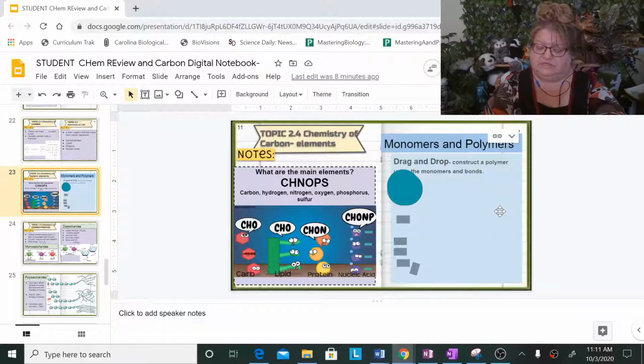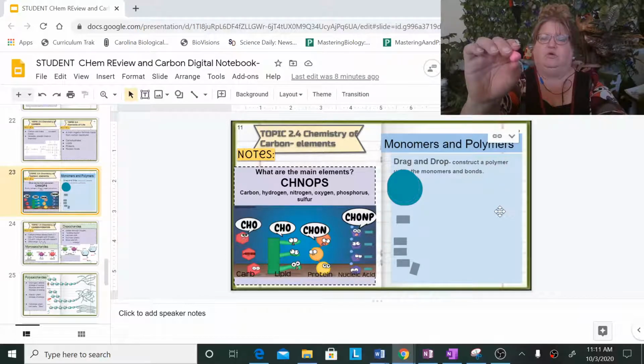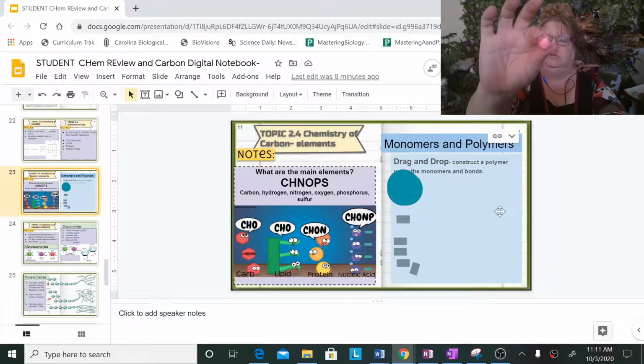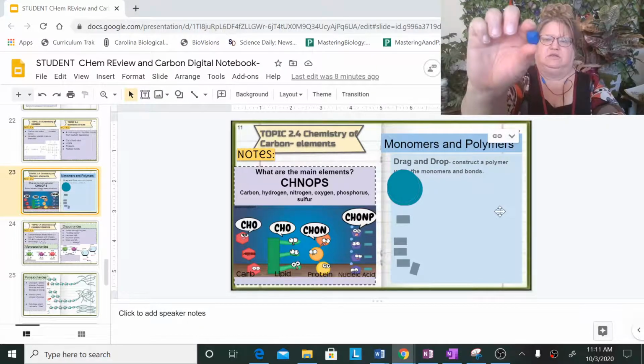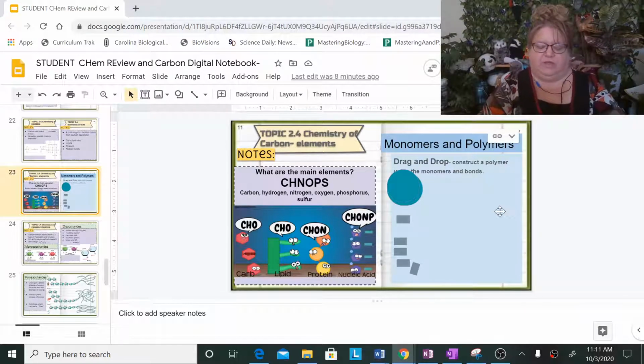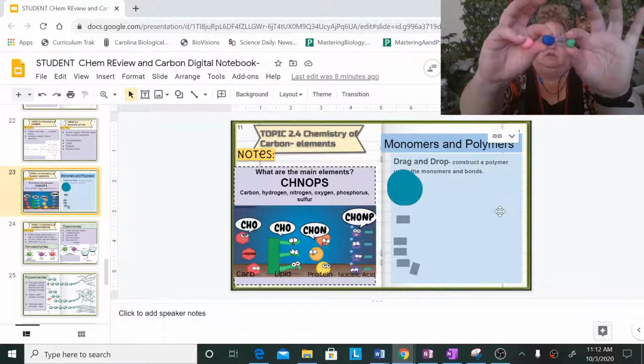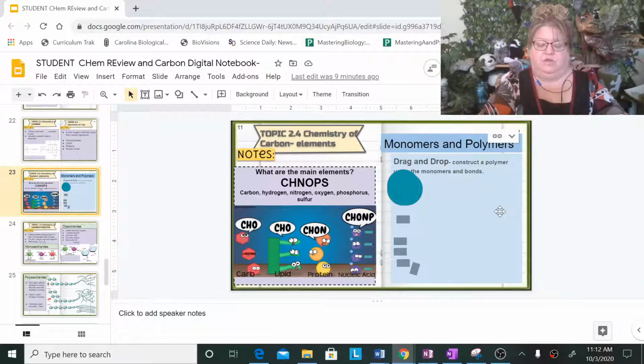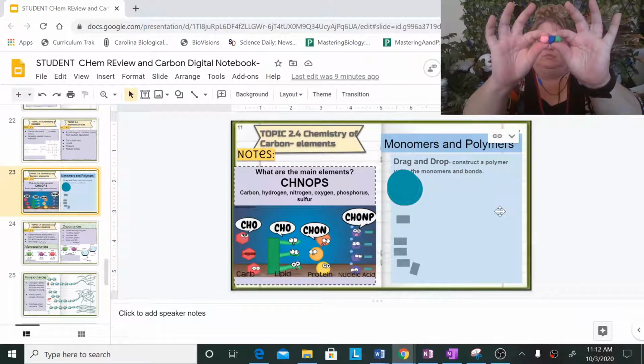So, for instance, I was having some fun with just some Play-Doh. Each individual little ball of clay, here's another one, here's a green one. Well, they would be monomers. So if they are separate, those are monomers. But if I were to connect them together, I get a polymer.